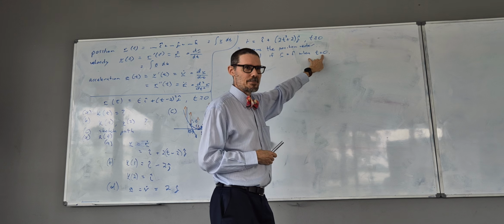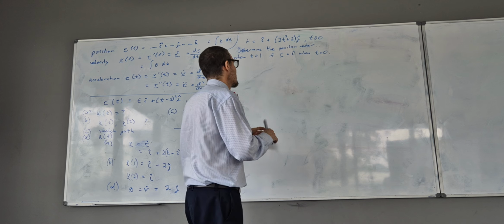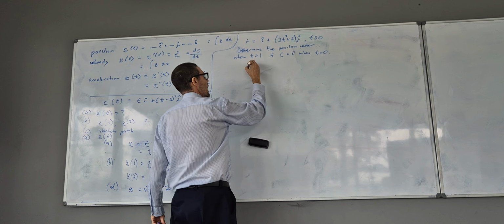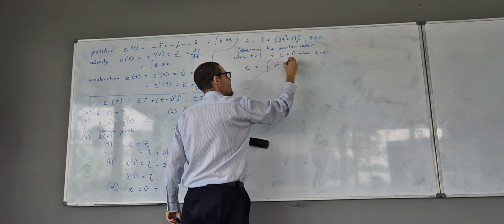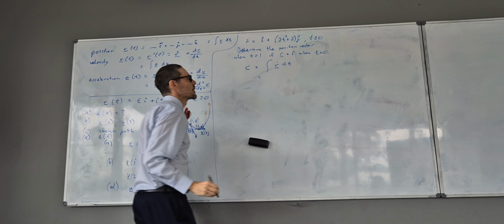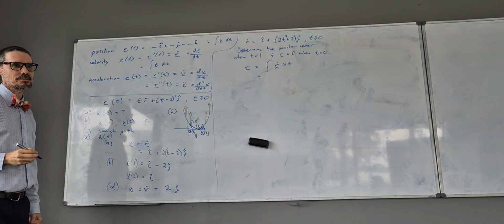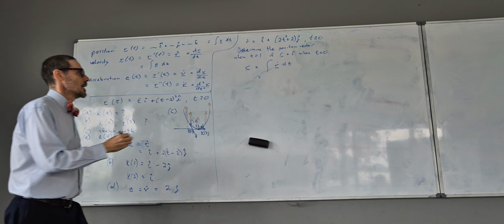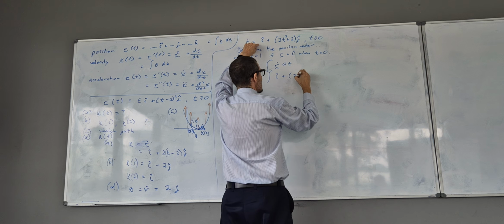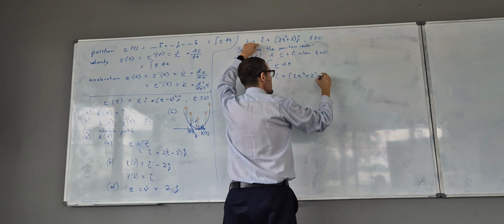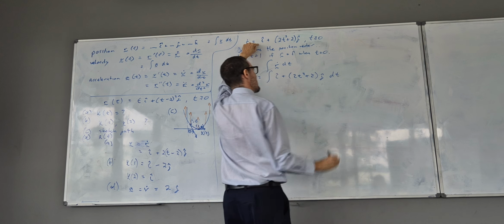I'm going to need that. So the first thing I'm going to do is go r is the integral of r dot with respect to time. If you prefer, you can write the whole thing out: i hat plus 2t squared plus 2 j hat dt.